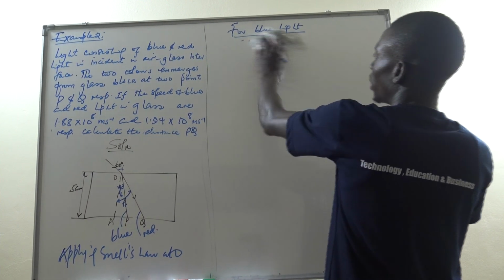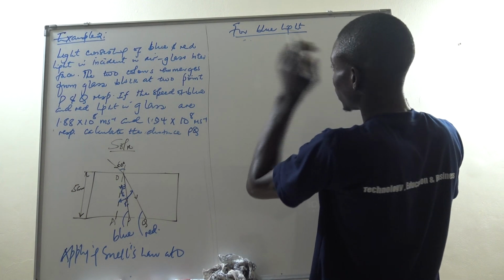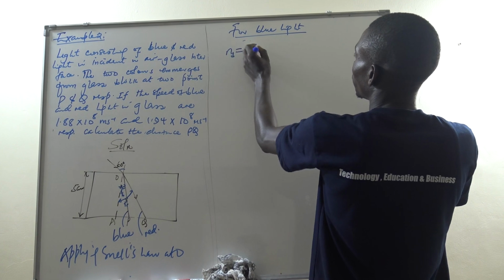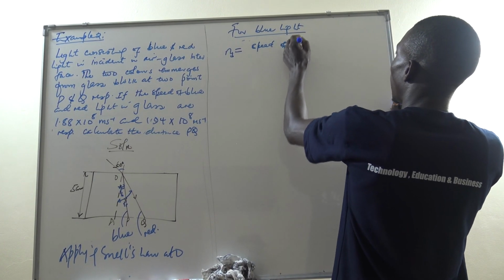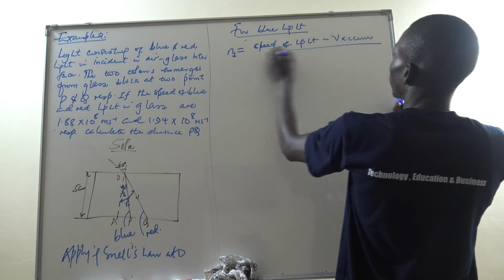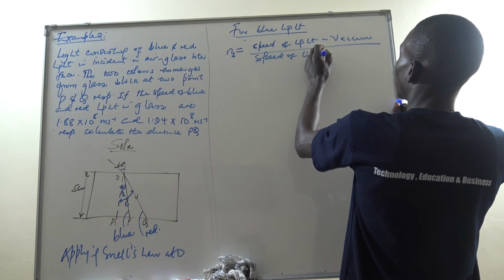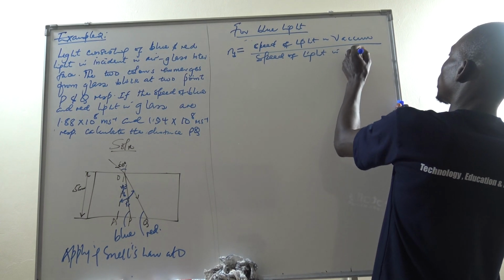Actually, I should first calculate the refractive index, which equals the speed of light in a vacuum to the speed of light in glass.